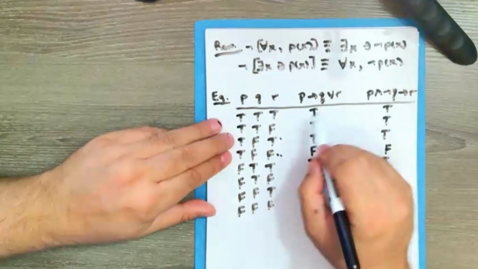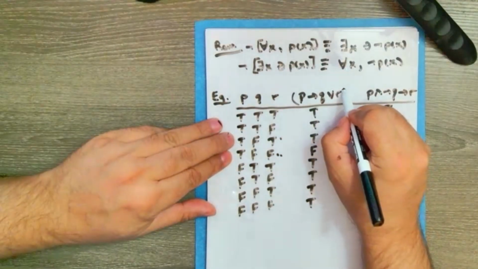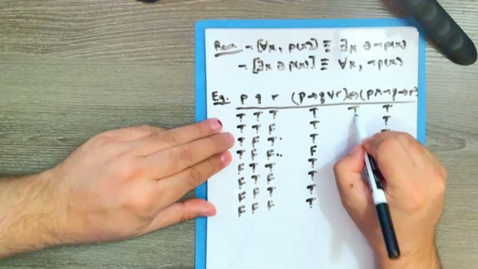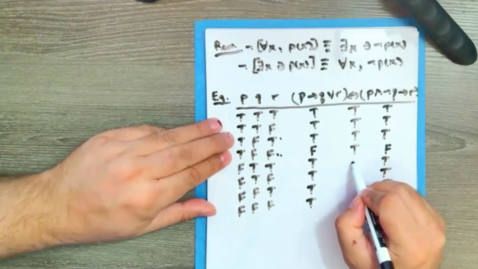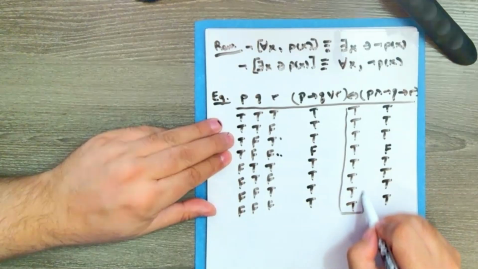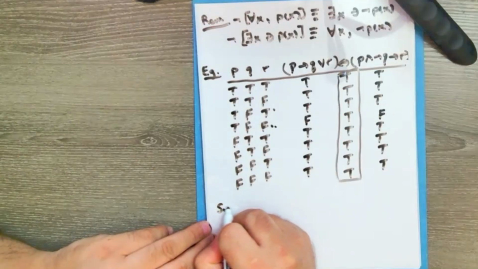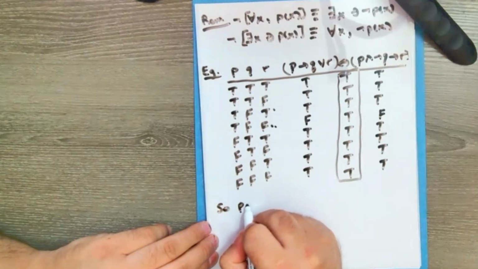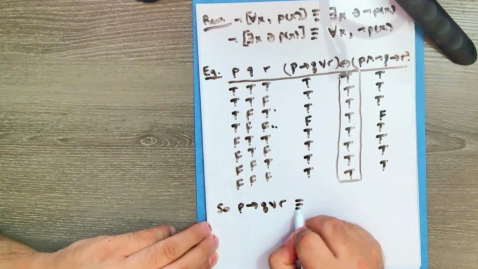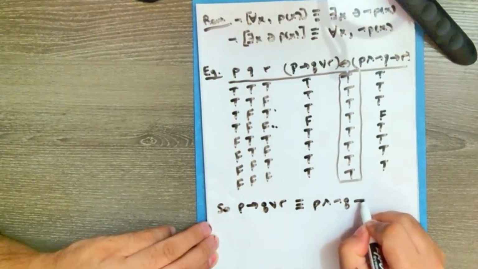So notice that these two implications have the same truth values in every case. And so if we join them with a biconditional, that biconditional is always true. And so we have a tautology, and we have demonstrated that P implies Q or R is logically equivalent to P and not Q implies R.